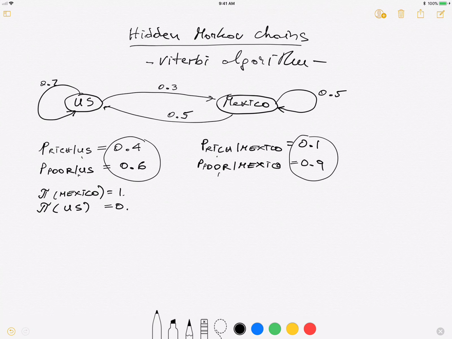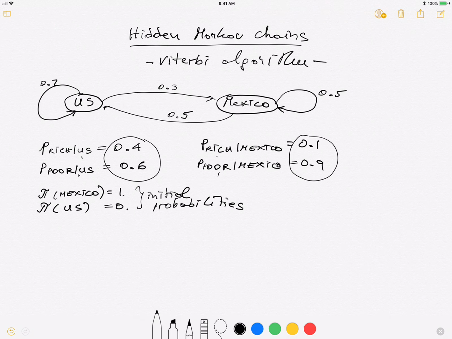Again, the family is either in Mexico or the United States. We have only two states, so the sum of these two probabilities must be equal to 1. In a more general case, if we had more than two states, the sum of these initial probabilities will always be 1.